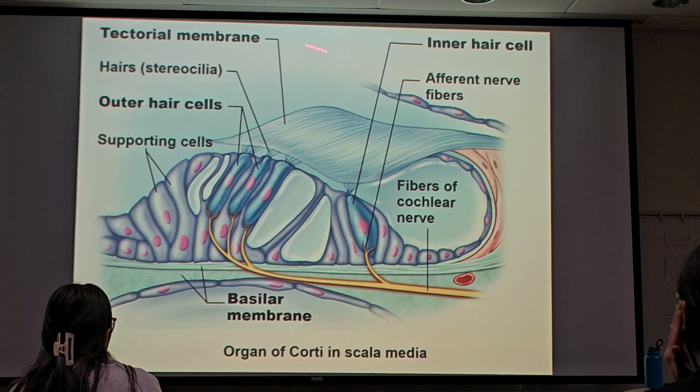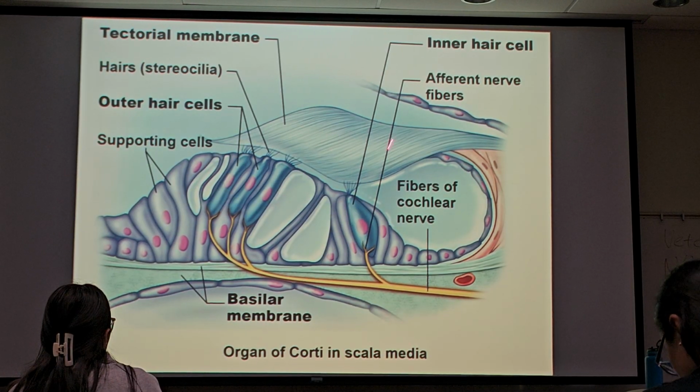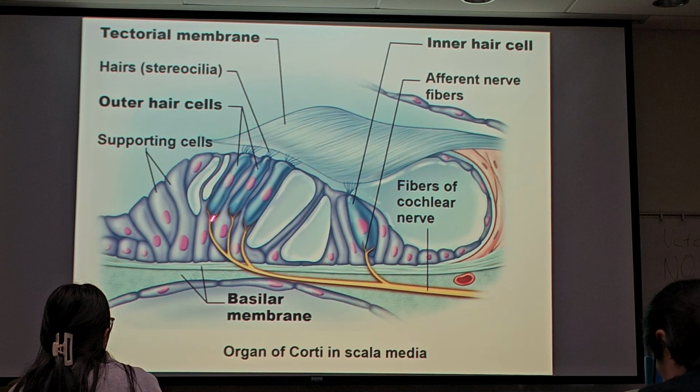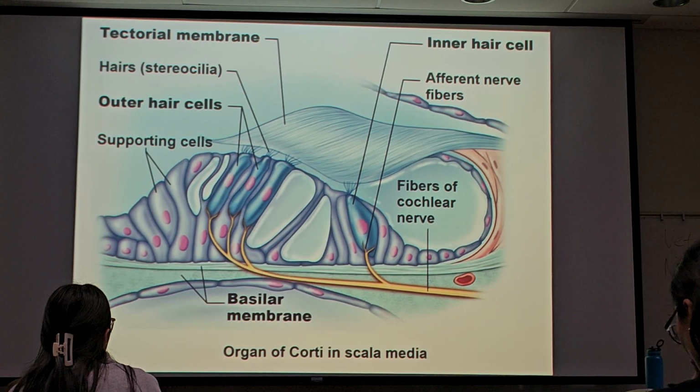Remember, there's endolymph in here. So when waves make their way here, it disturbs this membrane. That moves those hairs. That fires a signal in these hair cells. And then they secrete neurotransmitter at these fibers coming from the cochlear branch of the vestibular cochlear nerve. That is sending information about what we've heard to the brain.